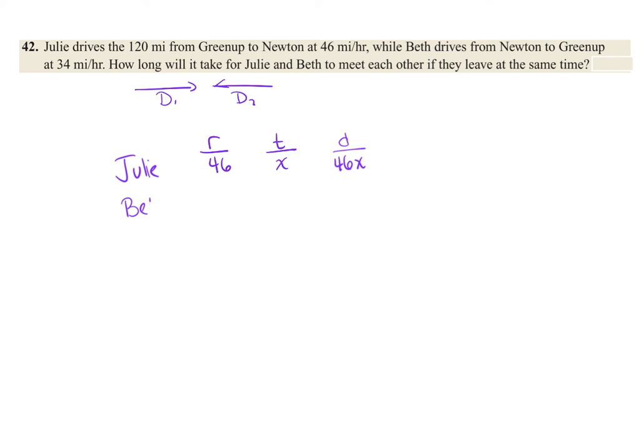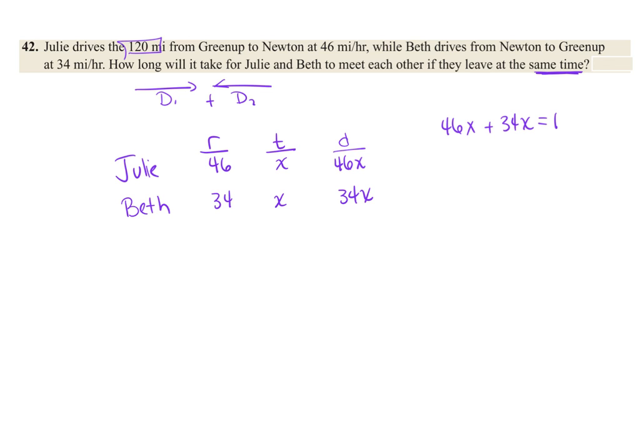Beth, her rate is 34. We're going to assume they left together because it says they leave at the same time. So we can just put the same x there. It's the same time. And we can say 34x. I add these distances, so 46x plus 34x should equal the total distance apart, which was 120 miles.